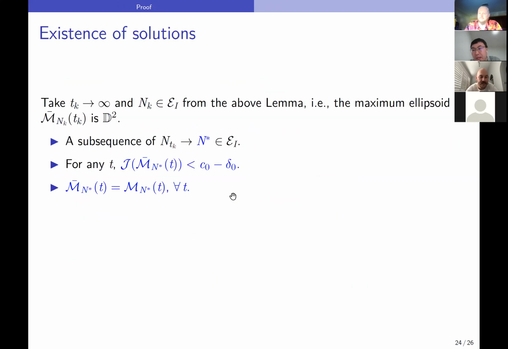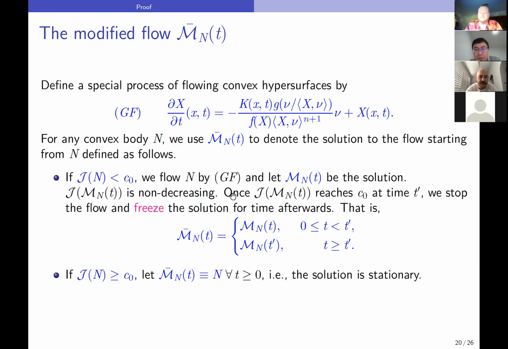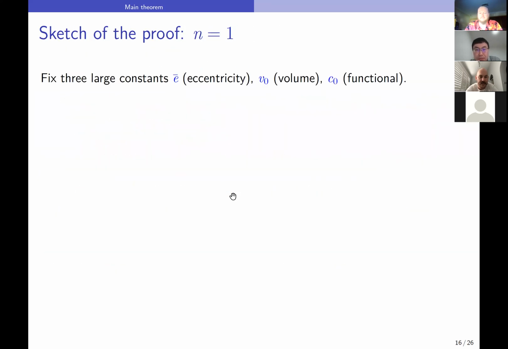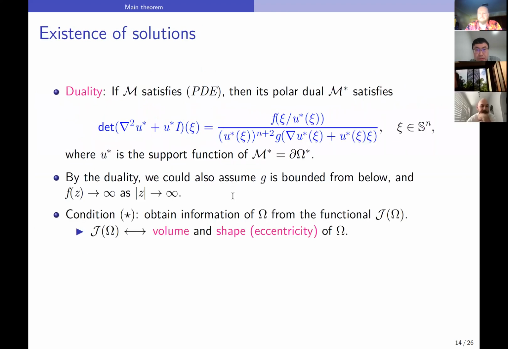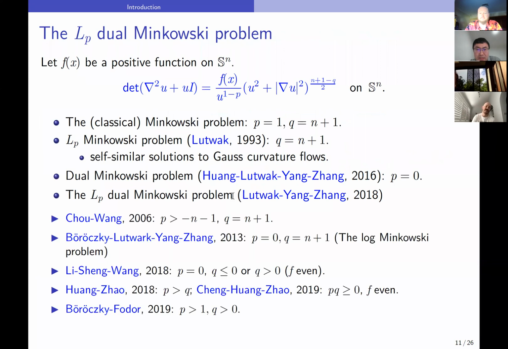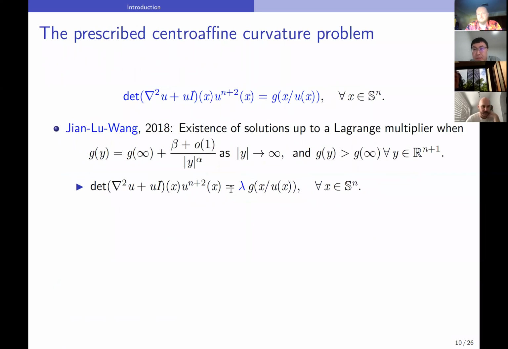It's just defined by the Gauss curvature K over u to the n plus 2. It's not scale invariant, actually. Oh, right. It's divided by, so it's not scale invariant. Also in the Lp Minkowski problem, the centro-affine case is a critical case.